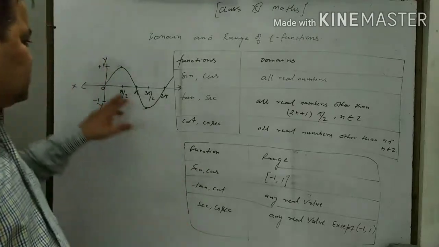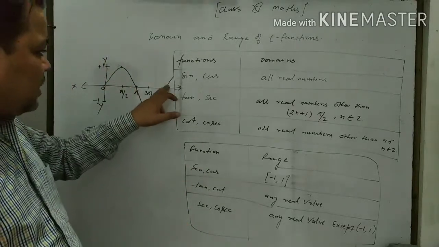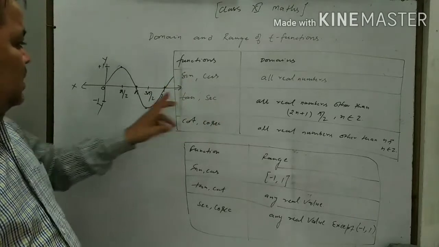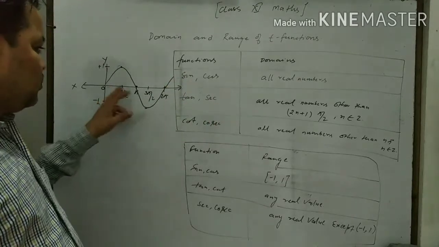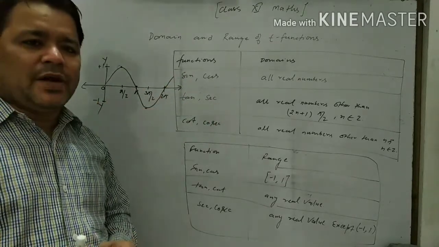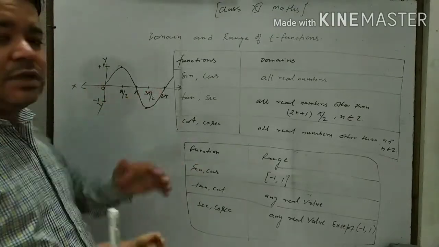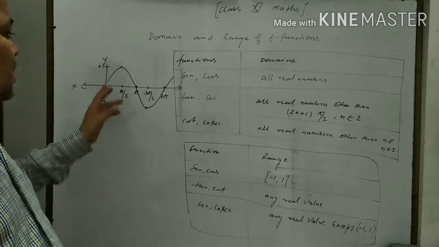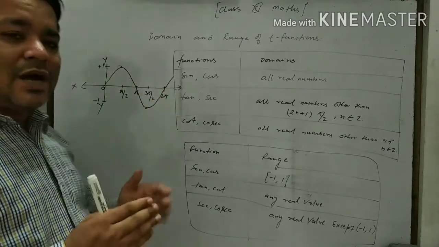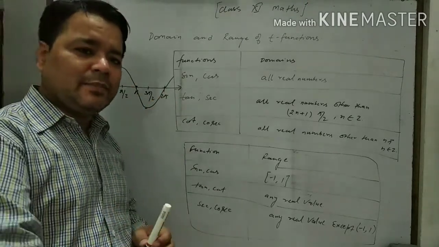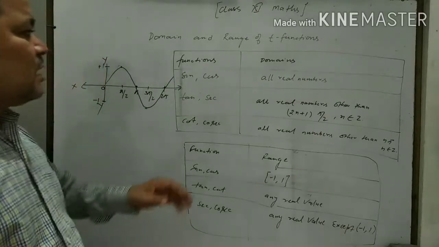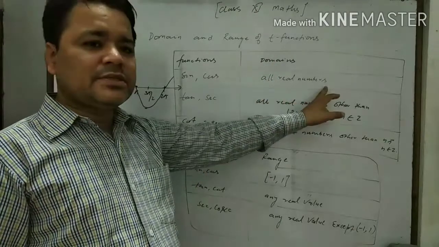It means after 2 pi the graph will repeat itself. The graph of sine is going to repeat here. Therefore, its period is what? 2 pi. Not 0 to 2 pi, the period is only 2 pi, because after 2 pi the graph of sine will be repeated again. Getting? And why is the domain all real numbers?